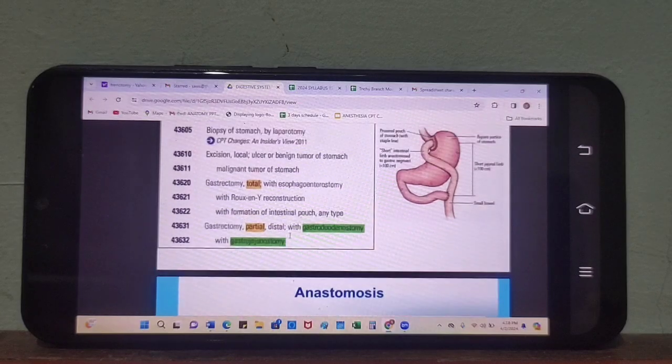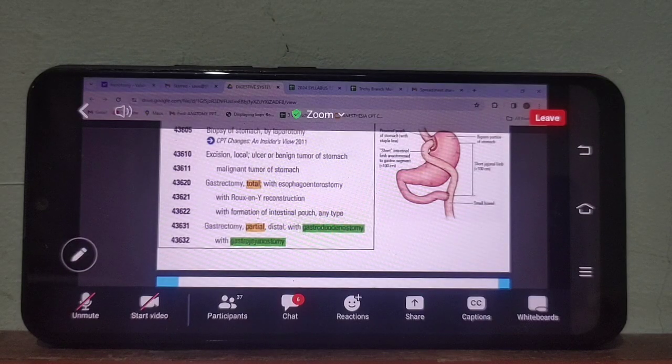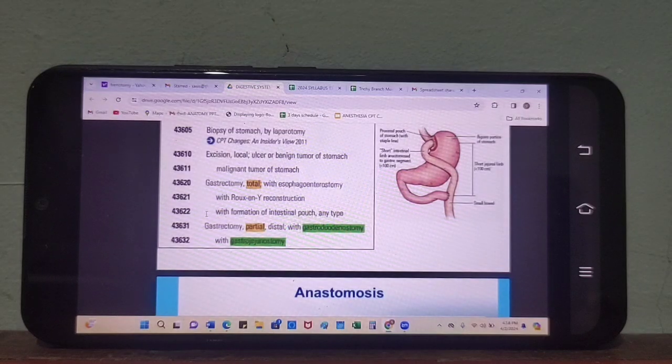The doctor directly gives the name of the procedure, Roux-en-Y reconstruction. For Roux-en-Y, go for 21. Suppose the doctor creates a small intestinal pouch, go for 22. The doctor gives direct documentation for all of that. Any doubt?